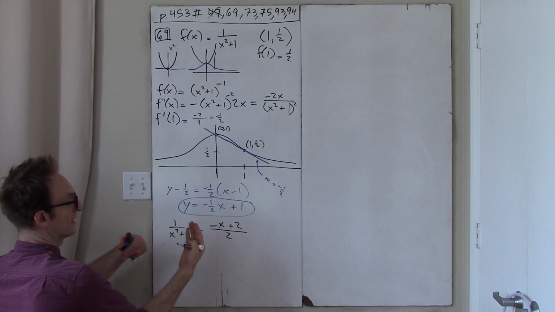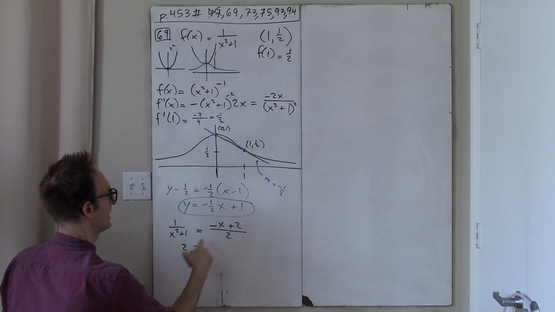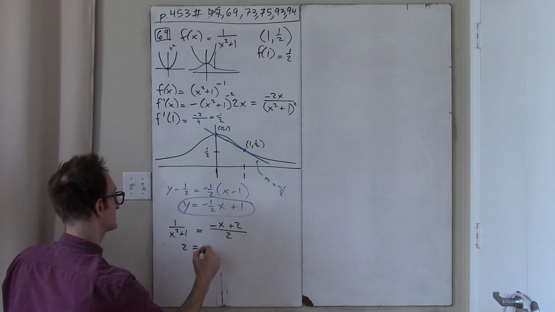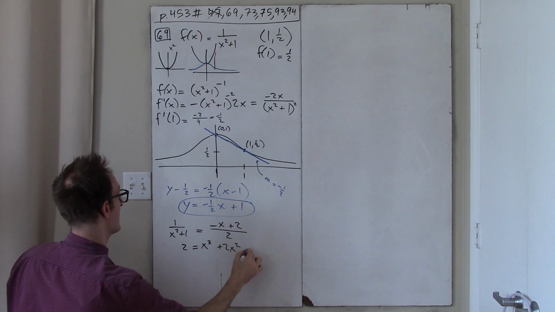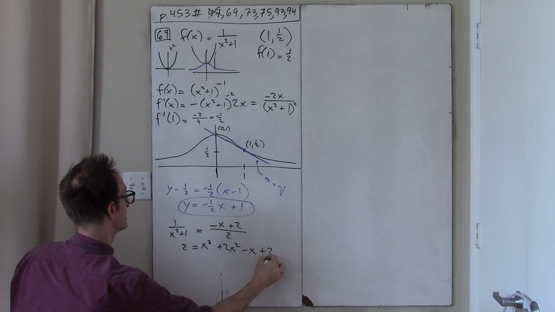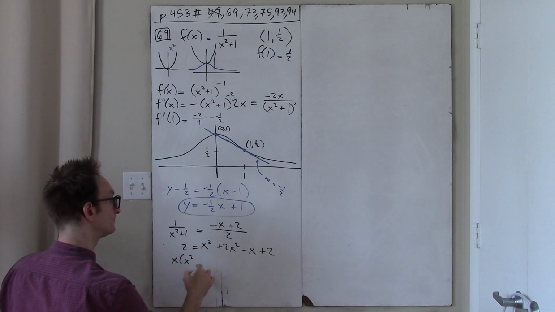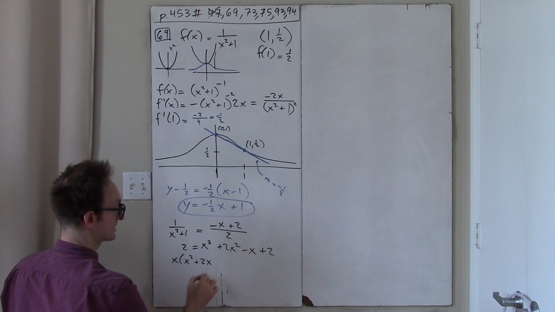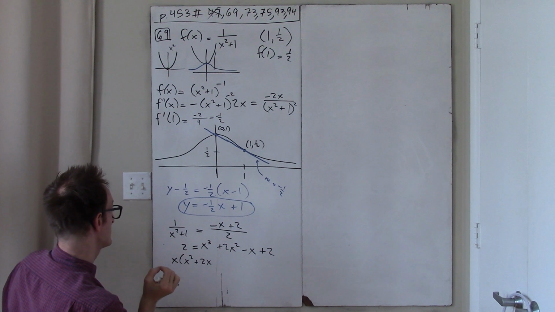Well, to solve this equation, I guess this seems a little silly now, I could just solve this. I get x cubed plus 2x squared minus x plus 2. And indeed, this just gives me x squared plus 2x. Let's see, something went wrong.